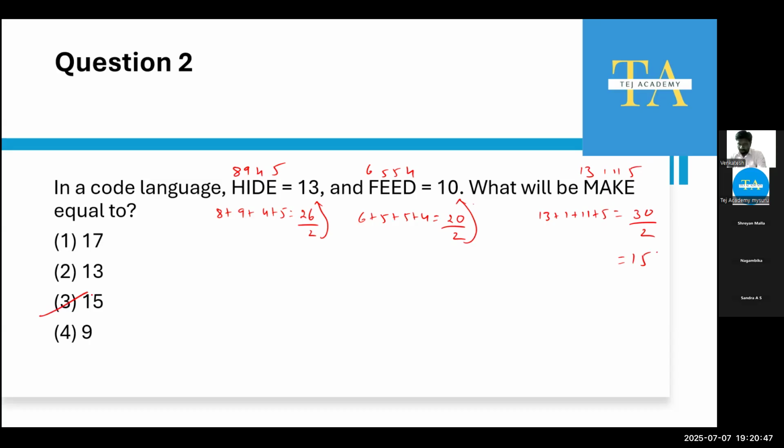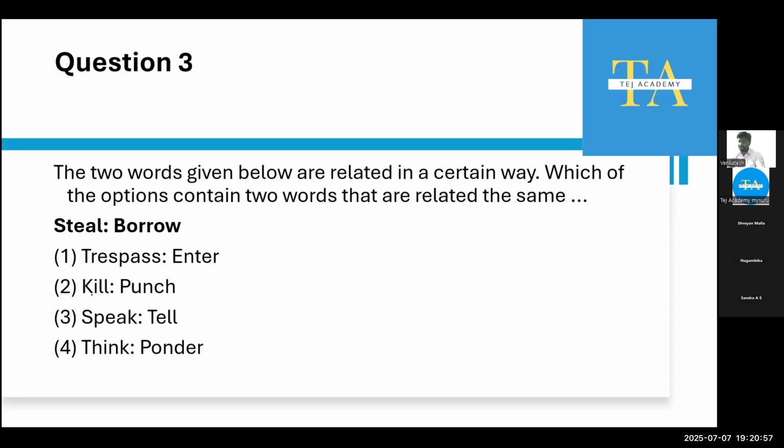I hope you are following? Yes. Okay. Next, question number 3. The two words given below are related in a certain way. Which of the options contains the two words that are related in the same way? For example, steal, borrow.